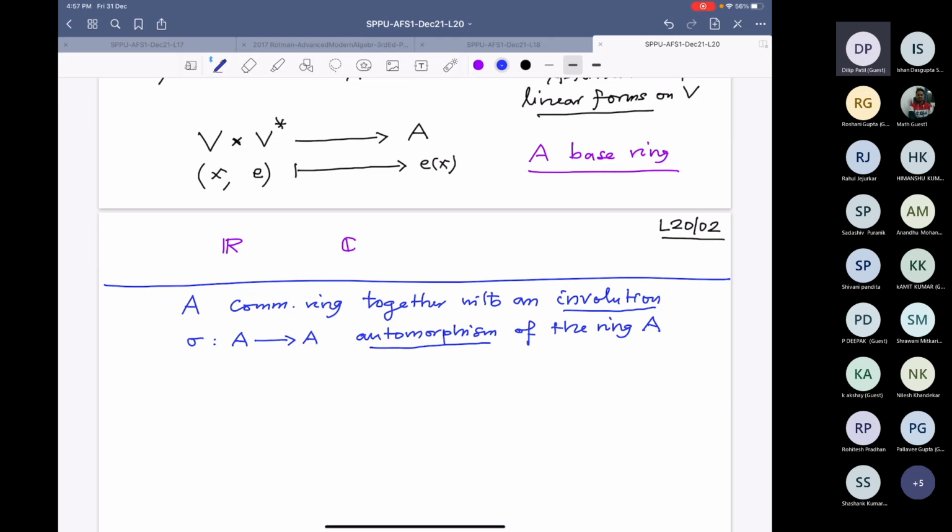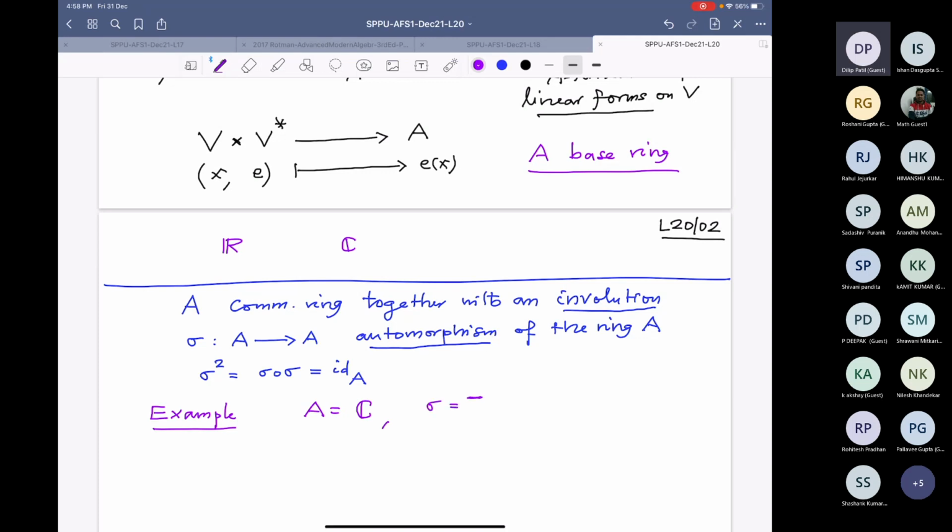And involution means sigma square, that means sigma composed with sigma, is the identity. That is the involution for us. Is that clear? And a typical example of involution is the complex conjugation. A equal to C, and sigma is, I will write this.